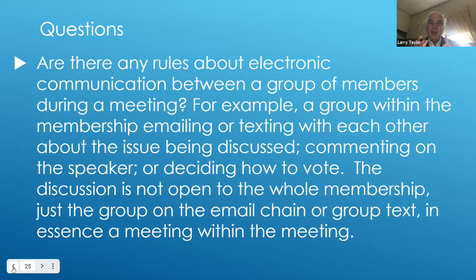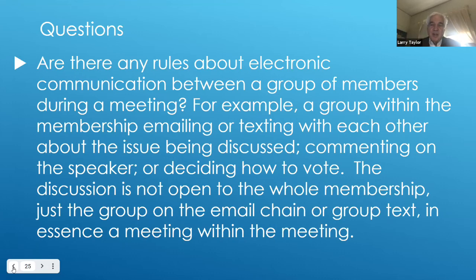I mean, you should be very clear about how voting occurs. You just can't assume that the polling or raising of hands or whatever is sufficient. So you should really write a set of rules around electronic meetings that help protect people's rights.